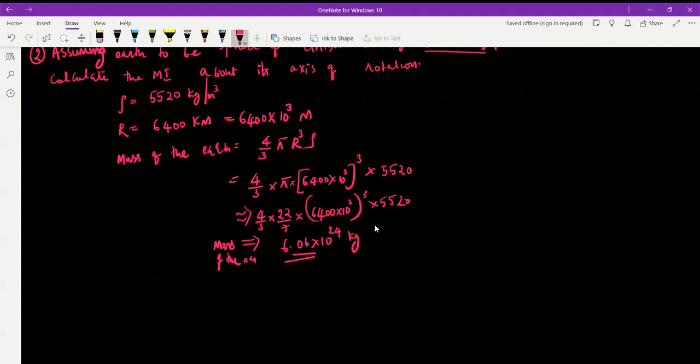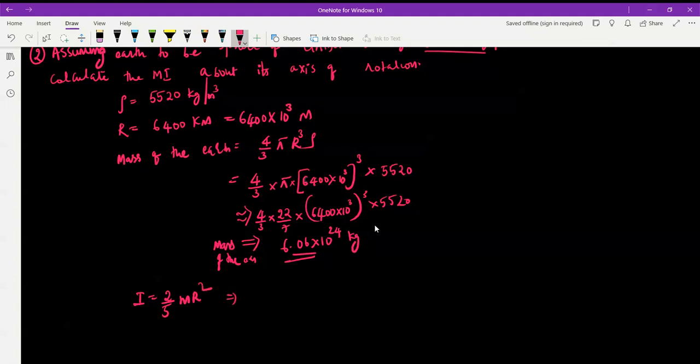So now once we know that the moment of inertia of the earth is like a solid sphere, the moment of inertia of a solid sphere about its own axis is given by I is equal to 2 by 5 mr square.